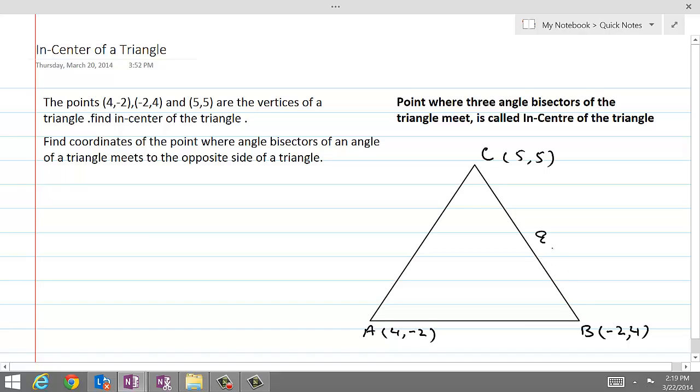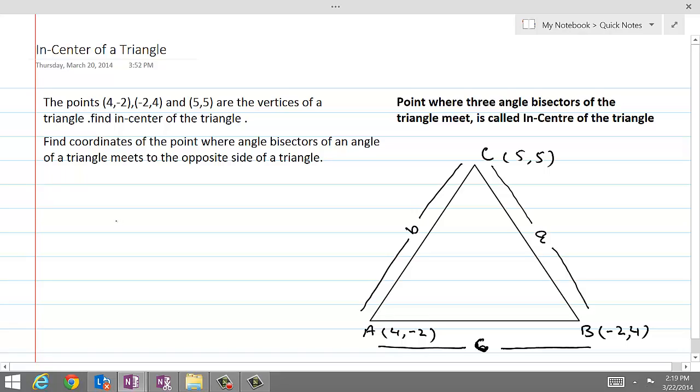So this length here is a, and this length opposite to vertex C should be labeled as c, and the side opposite to vertex B should be labeled as small b. Now we are going to find out values for these a, b, c.